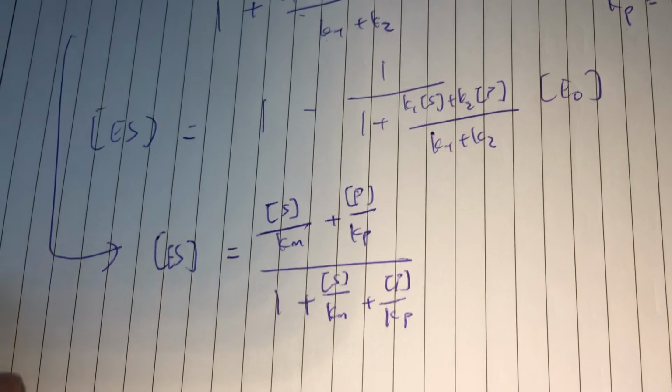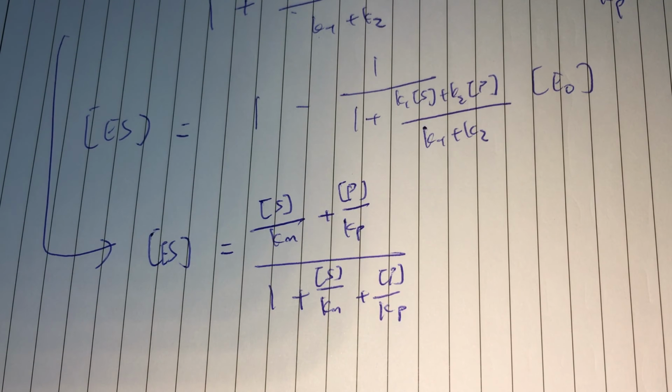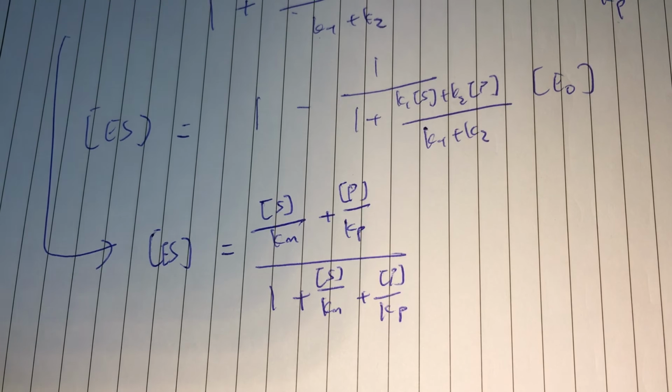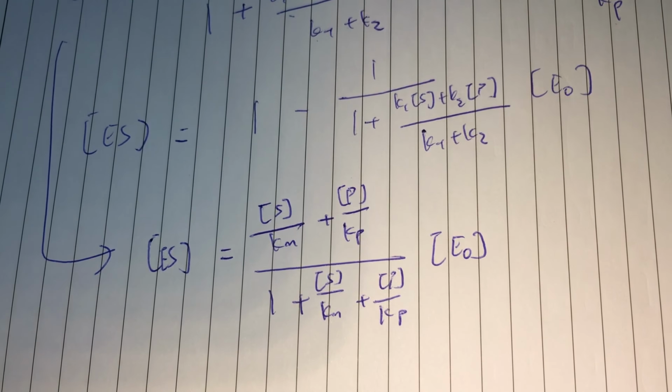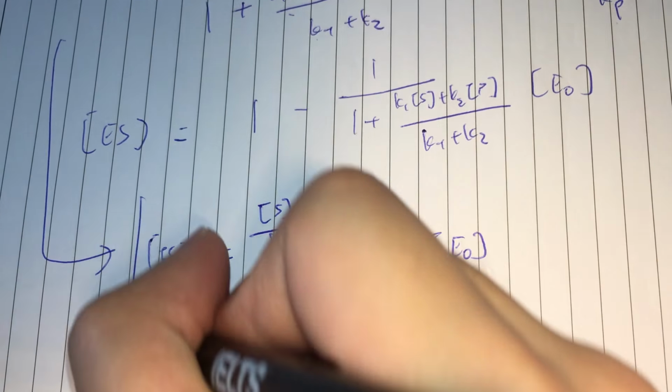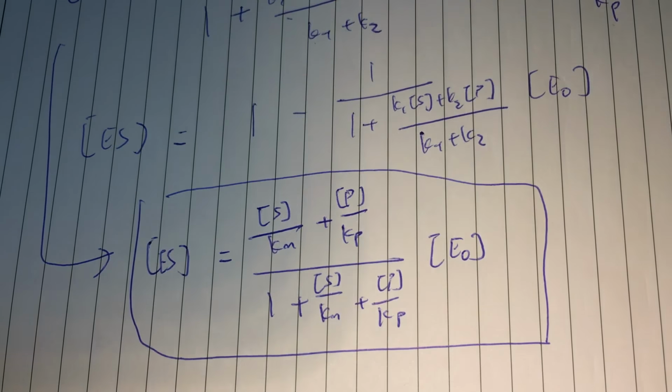I can see that's a very simple way of presenting ES, and that's a lot neater than something like this. So let's just put E naught there and then we are done. So we'll have ES equals this.